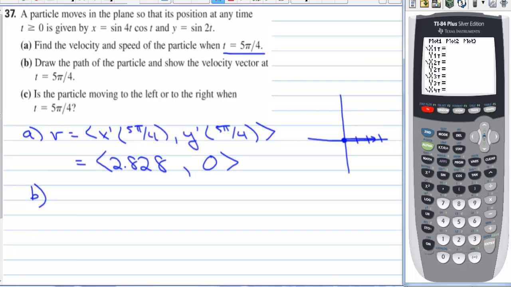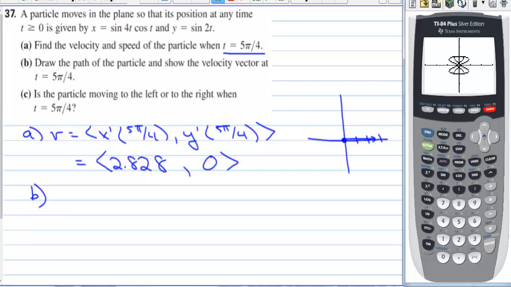Y equals sine of 4t, cosine of t, sine of 2t. And then for the window for this one, negative 10 to 10 is way too big. Negative 3 to 3 seems to be what you're looking for. So graph, and it's kind of a neat little graph here.